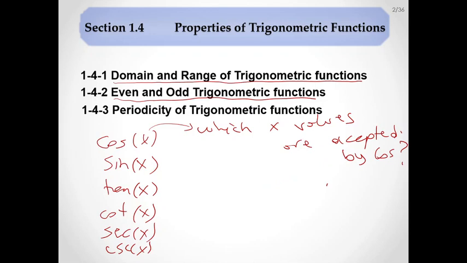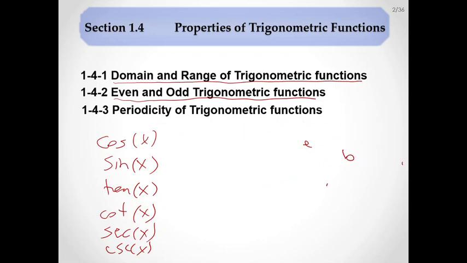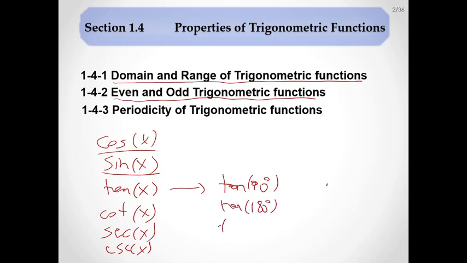Are all x values or all angles accepted, or do they give a defined value? For cosine and sine, we didn't notice anything undefined, but here, for example, tangent 90 degrees, or tangent 180 degrees, but especially tangent 90 and tangent 270 here.